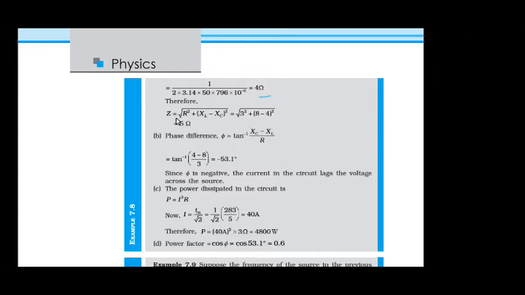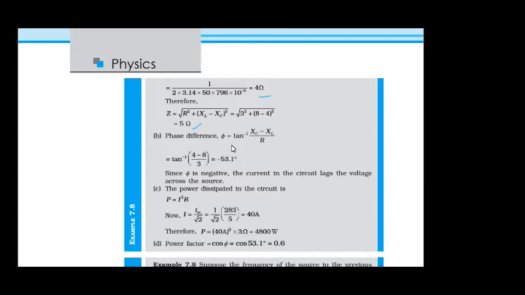Now impedance Z is equal to the square root of R square plus XL minus XC whole square. Putting the values of R, XL and XC which we derived previously, we get the impedance Z is equal to 5 ohm.